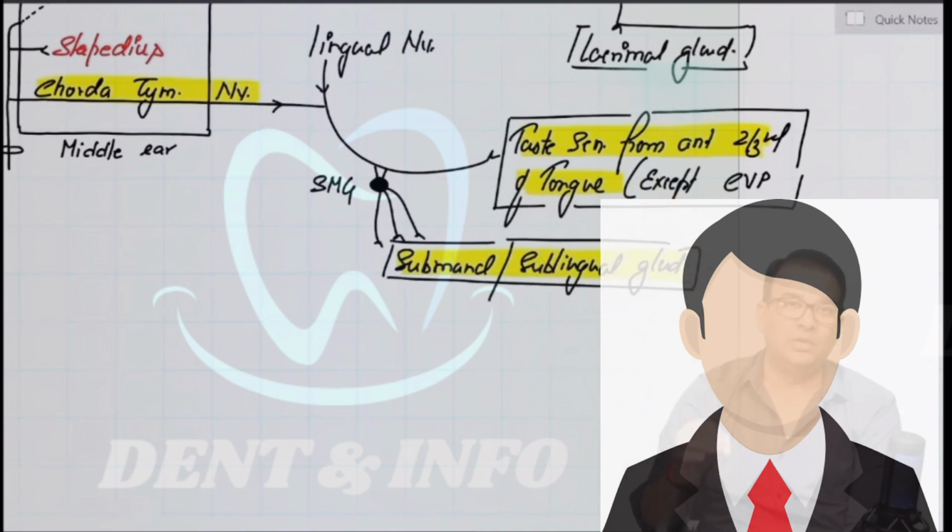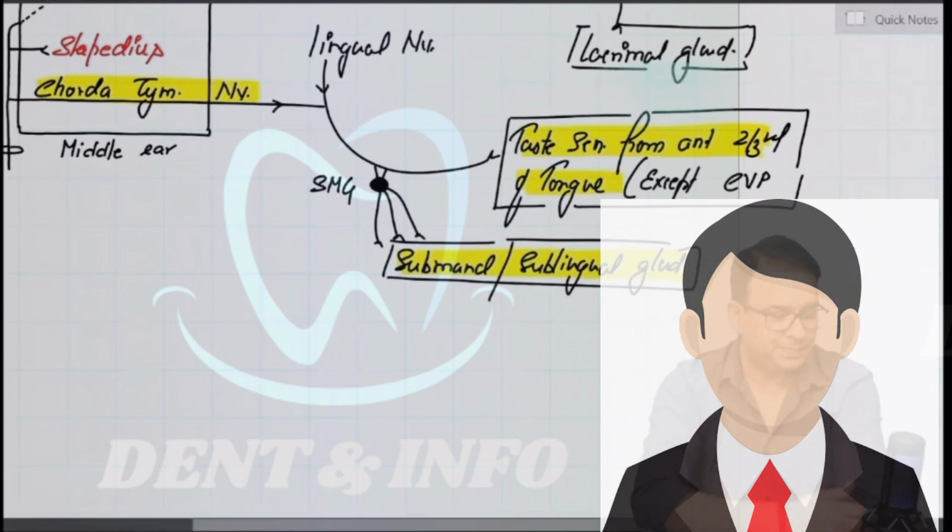Lingual nerve. Lingual nerve उसको रास्ता दिखाएगा, but actually the function is of the chorda tympani. It is actually the function of chorda tympani. So taste from anterior 2/3 of tongue except circumvallate papillae, and then we have submandibular and sublingual gland. They both are supplied by the chorda tympani branch with the help of lingual nerve.